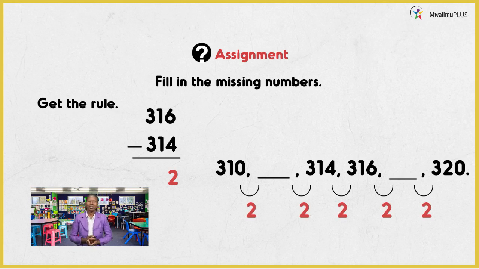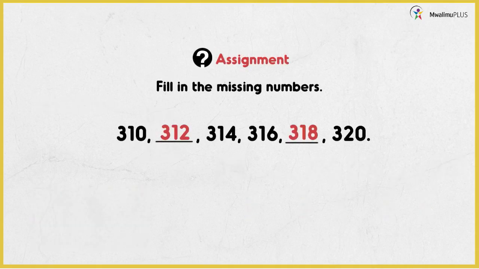Then from there, 312, when we add 2, we get 314. Very good. And then from 314, add 2, we get 316. Very good. Then from 316, when you add 2, you'll get what? Very good. 318. And so now we have our two missing numbers, which are number 312 and 318. I hope you got it right.